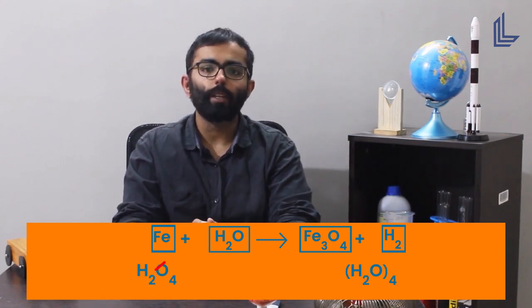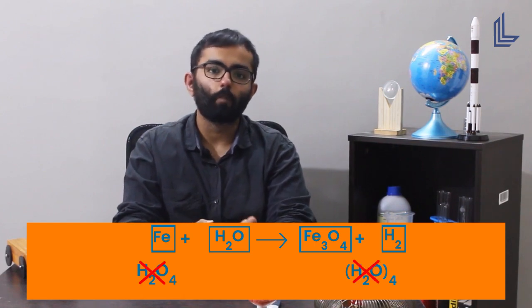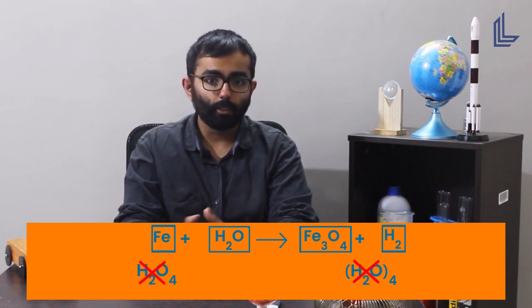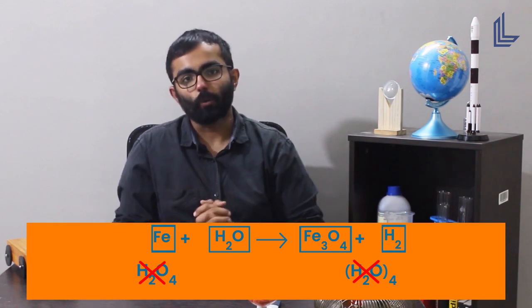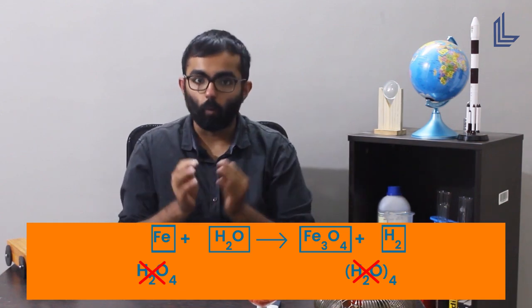What I mean by that is that H2O cannot be written as H2O4 just for balancing the chemical reaction. H2O4 will be a different compound altogether. But in this reaction, water is the compound that is reacting. So whatever balancing happens will be outside these boxes. No composition inside the box will be changed.